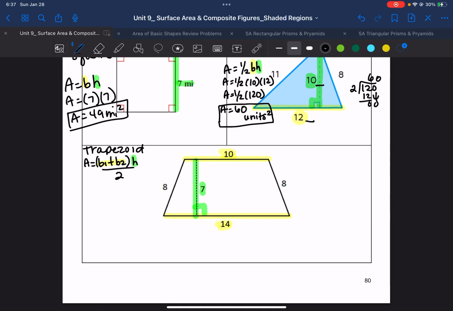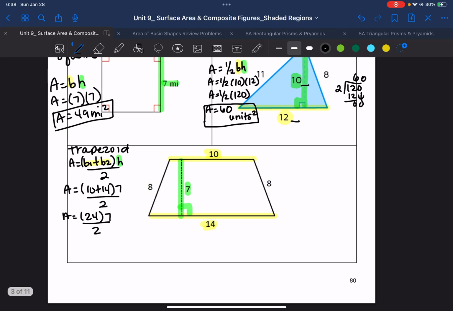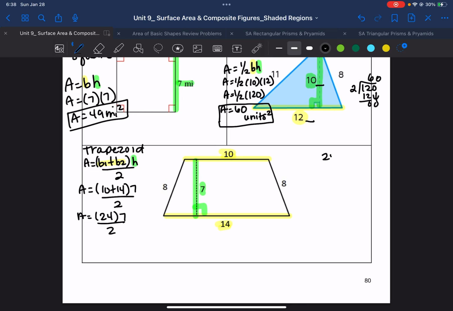Now let's go ahead and plug that in. Area is equal to 10 plus 14 times 7 divided by 2. 24 times 7 divided by 2. So let's go ahead and multiply 24 times 7 here. 7 times 4 is going to be 28, 14, 15, 16.